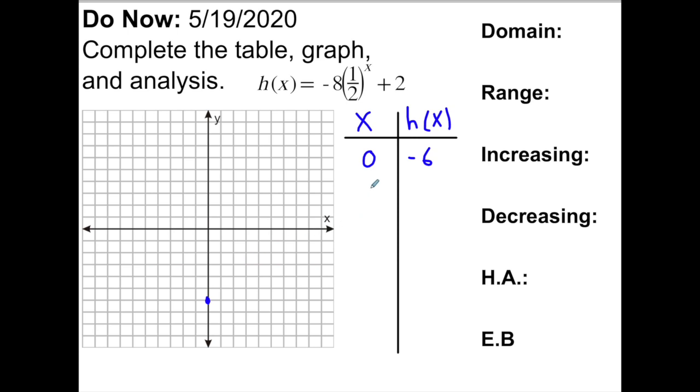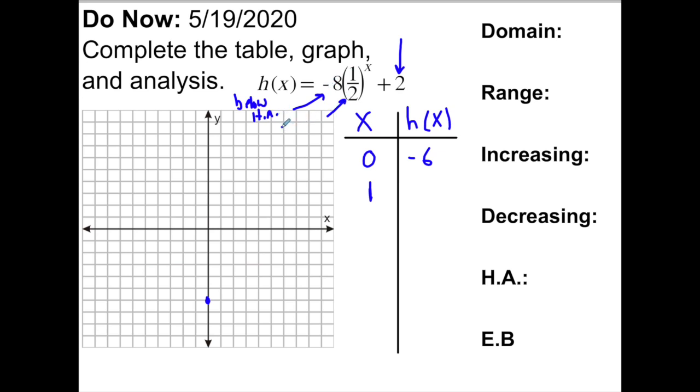Okay. Now I'm going to start by plugging in 1. Remember, we have a sense of a horizontal asymptote here. Also, while I'm there, I'll note that this negative 8 means we're going to be below the horizontal asymptote, below 2, because we have a negative.